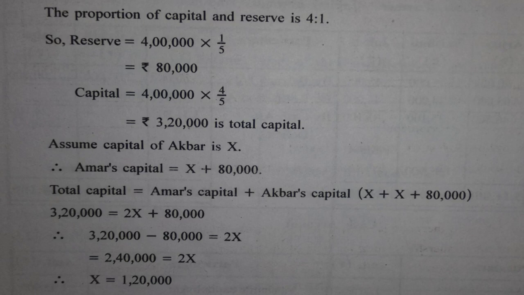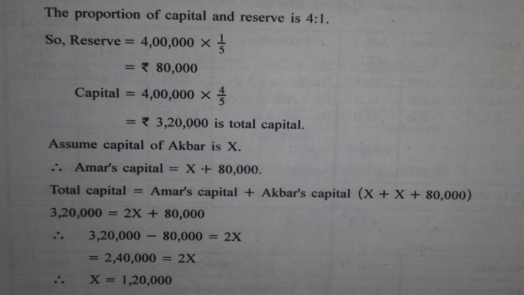And on that basis, I will write down what is Amar's capital. They say it is excess to Akbar's capital by rupees 80,000. So X plus 80,000. The capital of Akbar is supposed as X and the capital of Amar is supposed as X plus 80,000.